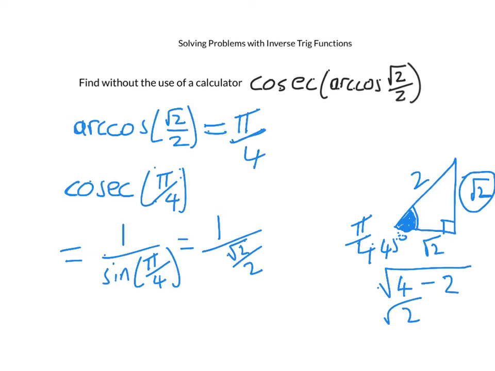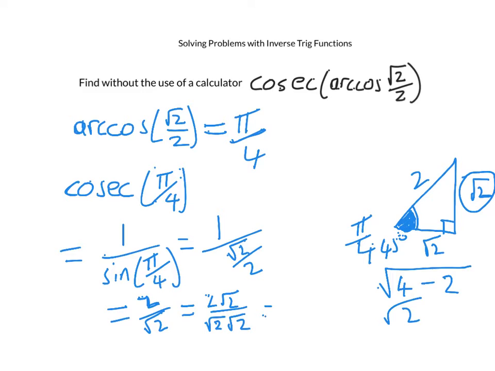So 1 over root 2 over 2 is 2 over root 2. We don't really like having the surd at the bottom. So I multiply top and bottom by root 2, and you'd have 2 root 2 over root 2 root 2.